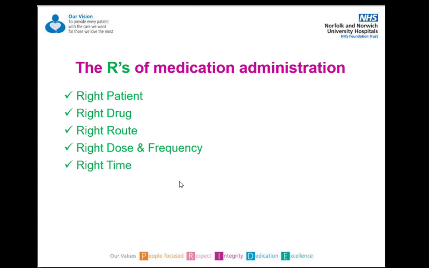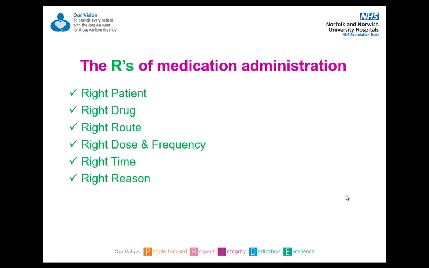However, it is also worth noting to ensure the spacing between each dose is adequate so as not to overdose or underdose the patient. The right reason. Prior to giving or prescribing medication, the reason for which it is needed should be considered thoroughly, ensuring all contraindications are thought of and it meets the patient's health and care needs.